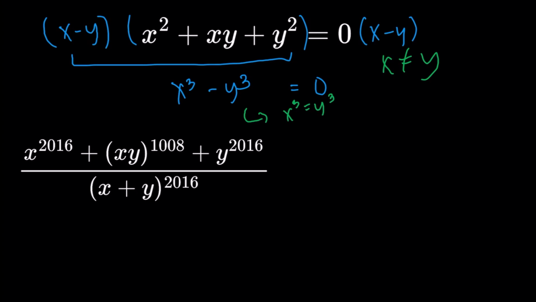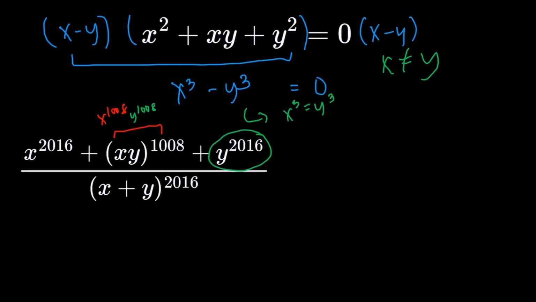Now we can use this result pretty interestingly, because take a look at this expression. This becomes x raised to 1008, and specifically we focus on the y raised to 1008 and the y raised to 2016 over here, because x cubed is equal to y cubed.